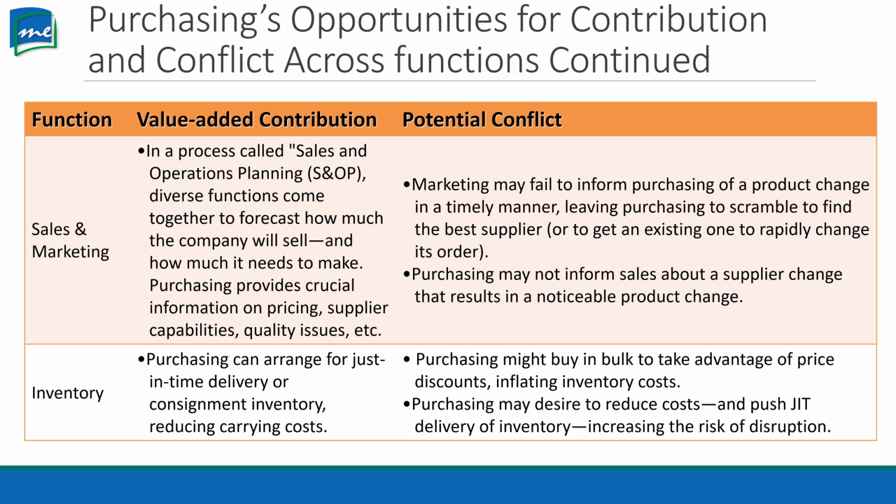So we might try to push just-in-time inventory to our sales and marketing folks. But then all of a sudden we have a run on our product and now we ran out. So we have a disruption. Or our supplier can't produce to our demand and we have a disruption. All of these possible things can provide a conflict when we're trying to add value to the process.